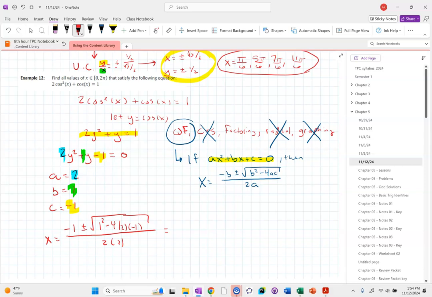All right. What's 1 squared? 1. Okay. What's 4 times 2 times negative 1? Negative 8. What's 2 times 2? What's 1 minus negative 8? Nope.